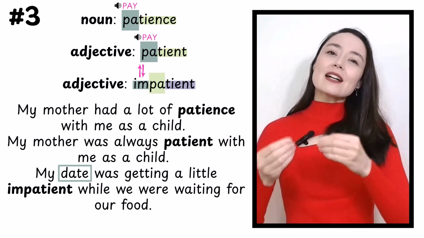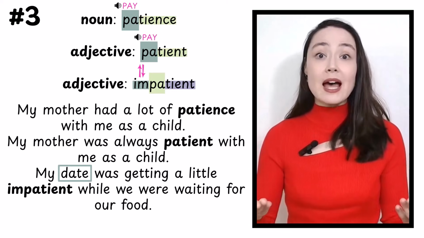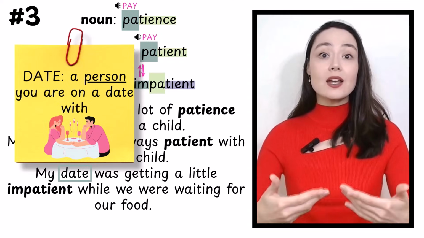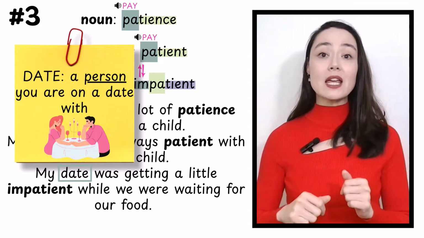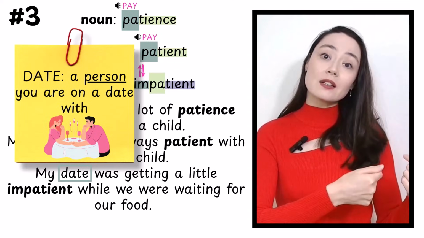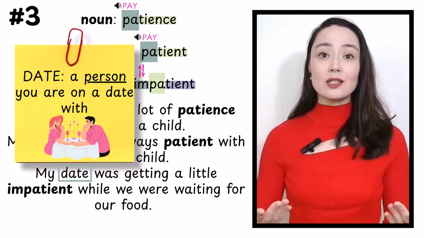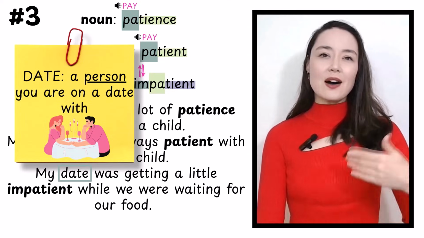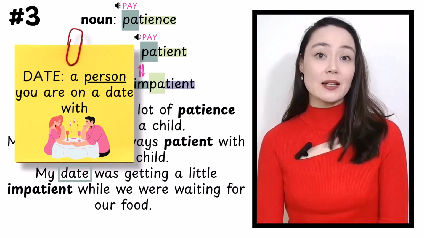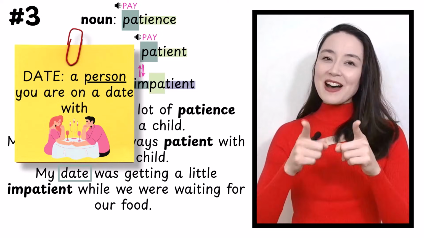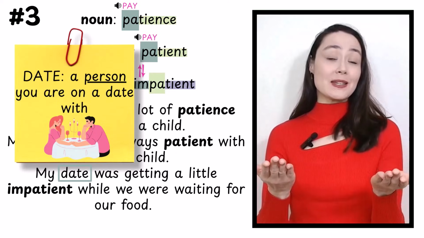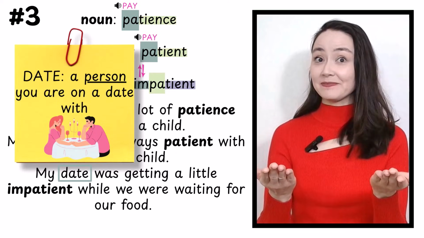Yes, a date can be a number in a calendar, but it also means the person you are on a date with. He's my date. She's my date. And if someone is your date, this is romantic. We usually wouldn't say a friend is our date. What about you? Are you a patient person or are you an impatient person?